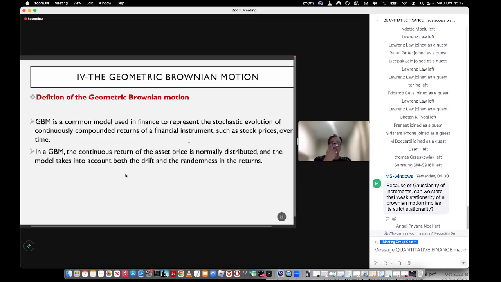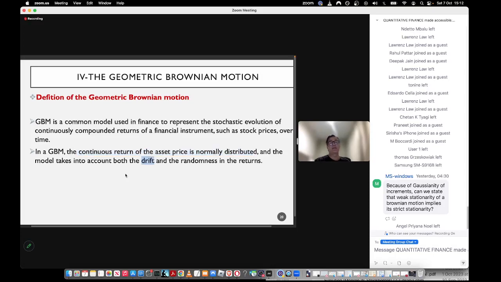You need to take this feature, which is to assess the continuously compounded return of a stock price over time, or financial instruments or whatever. Again, the continuous return of the asset price is normally distributed, and again, the model takes into account both the drift and the randomness in the return. The drift, remember, what is the drift?